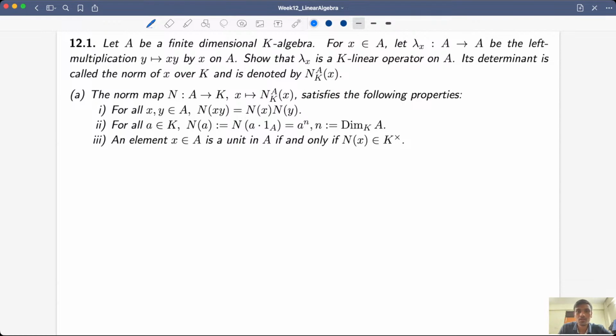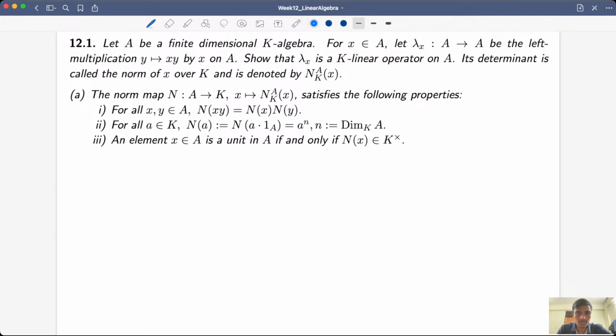Okay, and now on A we can define a map lambda x from A to A just by left multiplication, because the multiplication is defined there. So y goes to xy. This x is fixed, so I am multiplying each element y and sending it to xy.